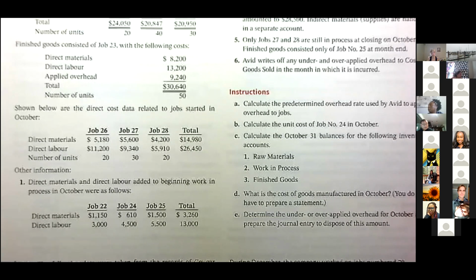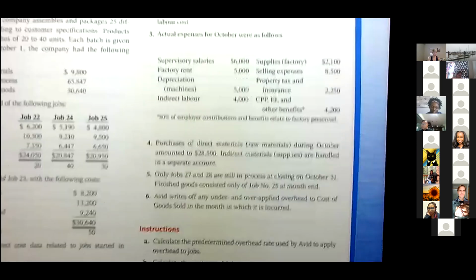Other information: first one, direct materials and direct labor added to beginning work in process in October were as follows. You have direct materials for jobs 22, 24, 25 total. This is the beginning balance of the work in process.